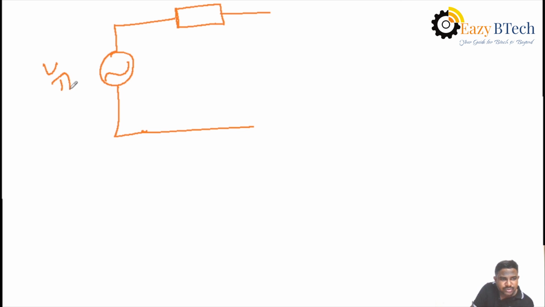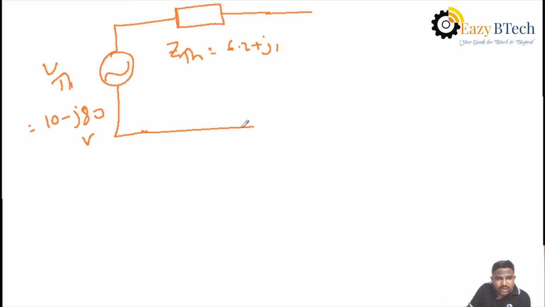This voltage source is VThevenin, that value we get as 10 minus j80 volts, and this is Z Thevenin, that value we get as 6.2 plus j1. Then after drawing the equivalent circuit, the deleted element is connected in series with the line.